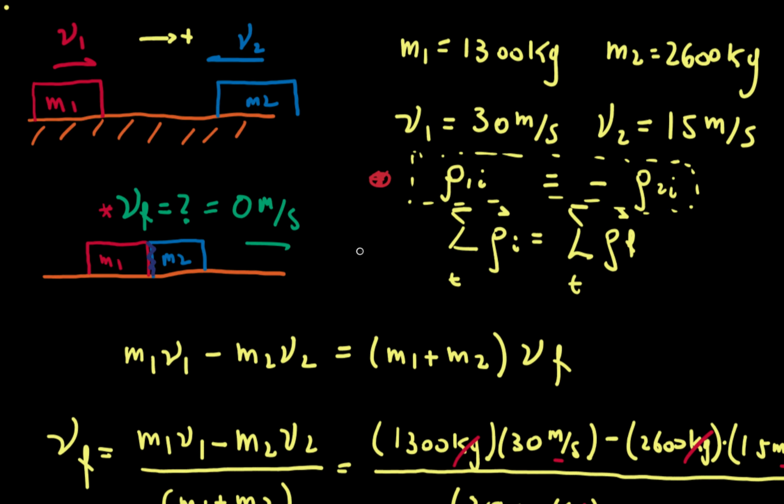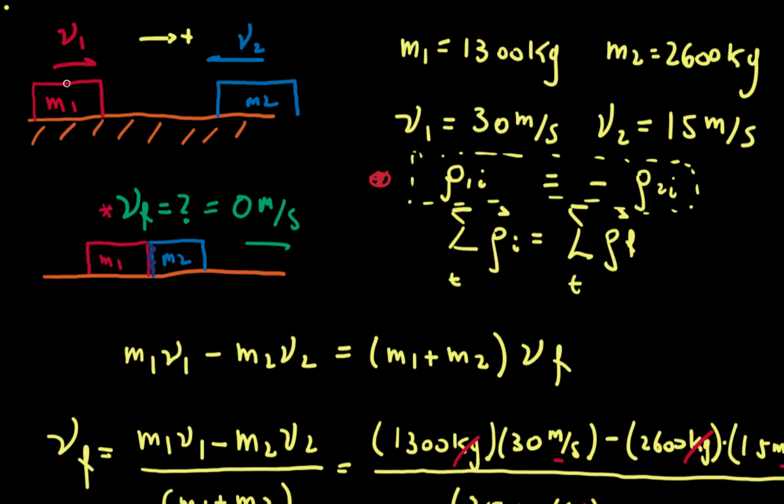Okay, so we talked about kinetic energy, right? We solved this problem using conservation of momentum. But some of you may have remembered that in our last video we introduced the idea of kinetic energy, that is energy that is inherent to motion.